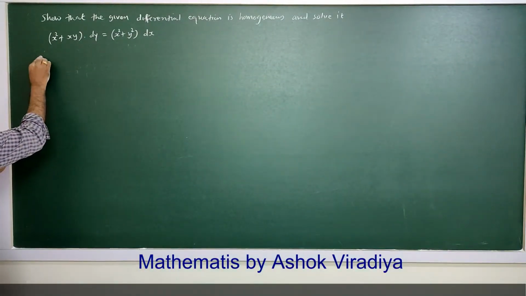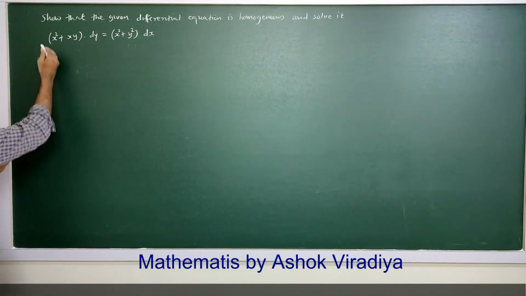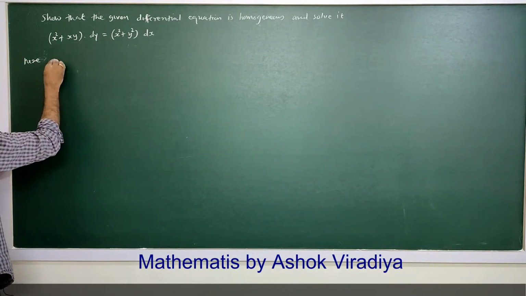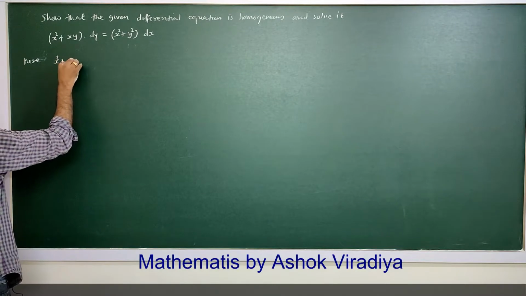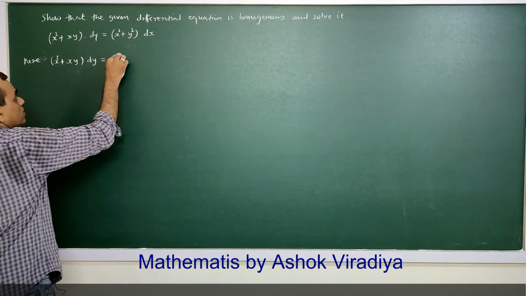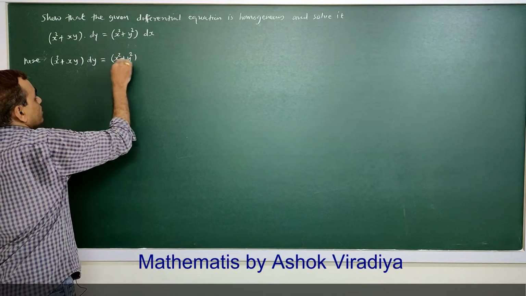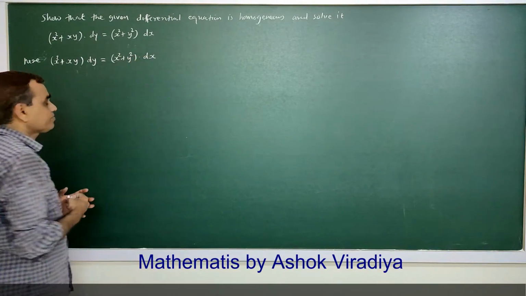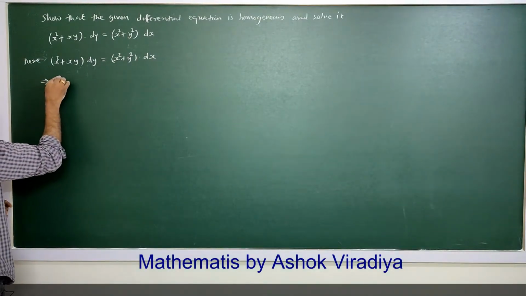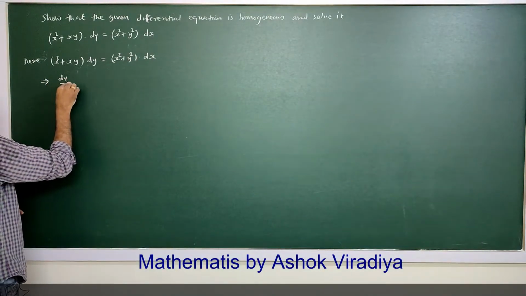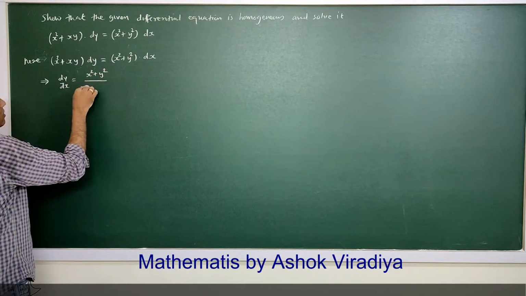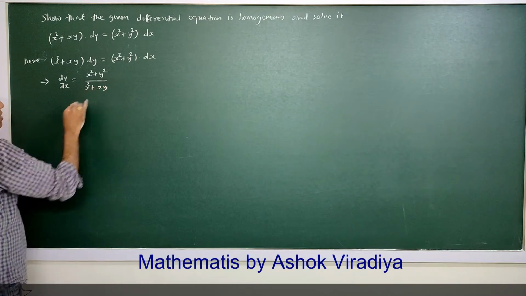So this implies x square plus xy into dy is equal to x square plus y square into dx. Now getting the value of dy by dx, dy by dx is x square plus y square upon x square plus xy.